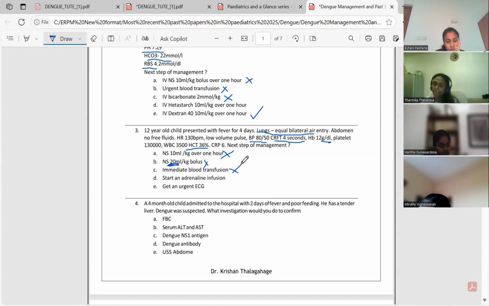We don't want to kill this child by making him go into more and more severe shock. At the same time, we don't want to overload this child either, right? That's the fine-tuning balance you need to make sure that this child is not going to die. Otherwise, either this child is going to die from untreated shock, or he is going to die of fluid overload causing heart failure to get worse.